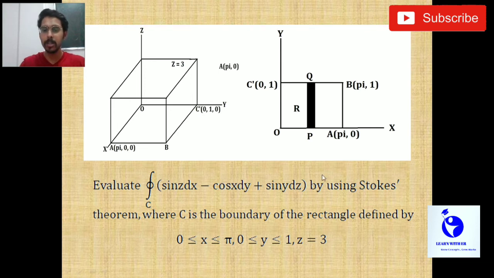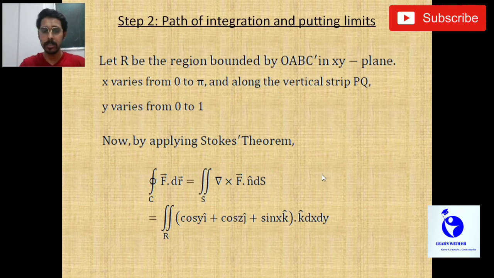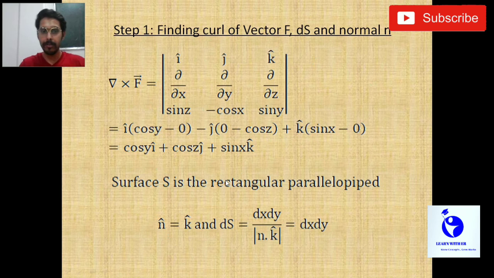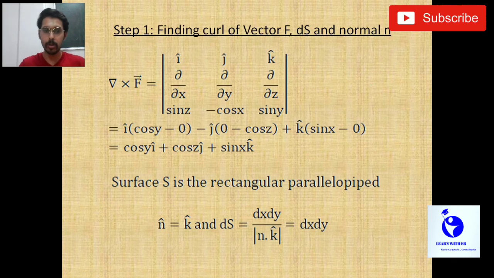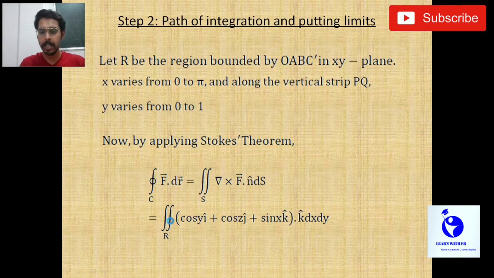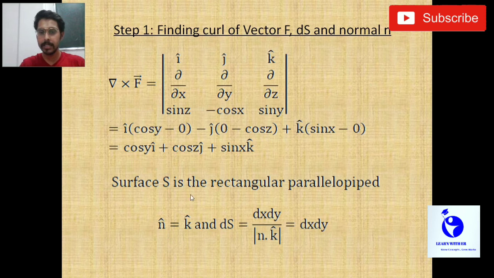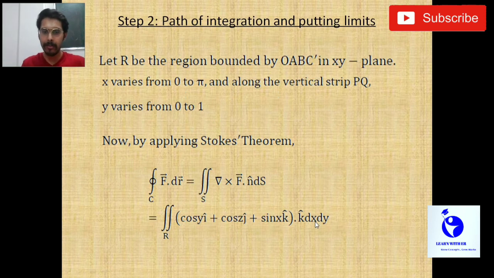So we have to consider this one, and then we will be converting this into del cross F, which we have already found out, which is cos y i cap plus cos z j cap plus sin x k cap. Now we are going to put the value. With that, we are going to put n cap. We also found out what n cap is. This is nothing but k cap. And then ds also we have got. What is ds? ds is dx dy. So we are putting everything in the next step.